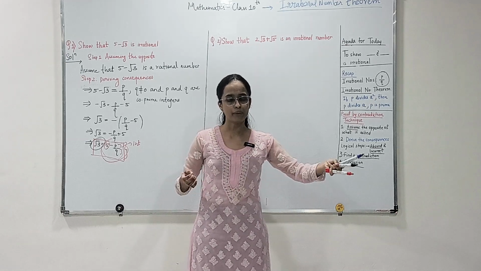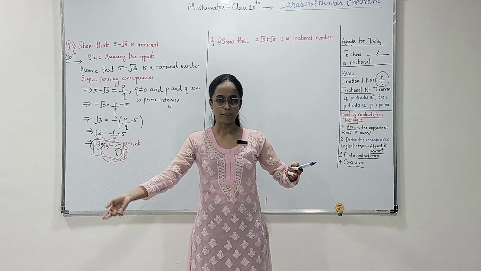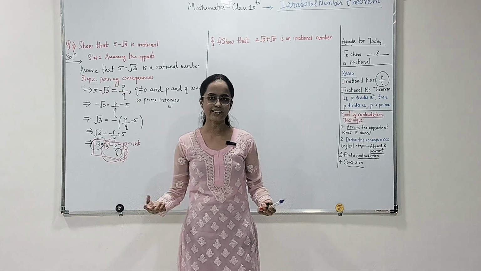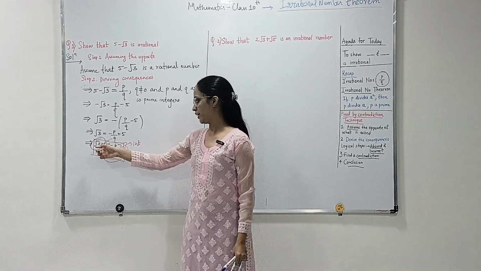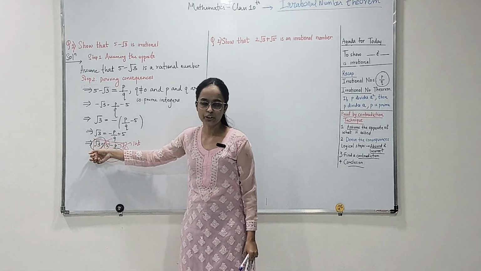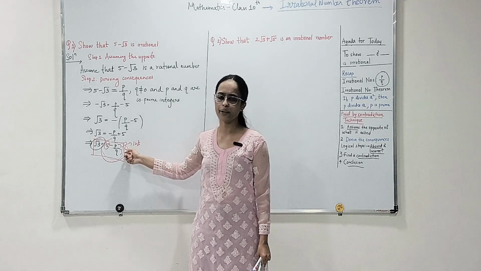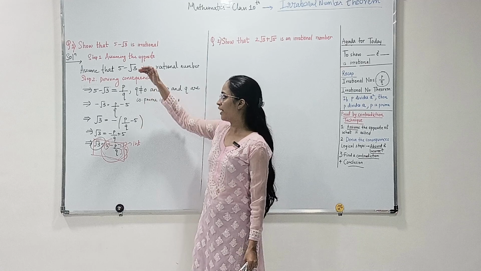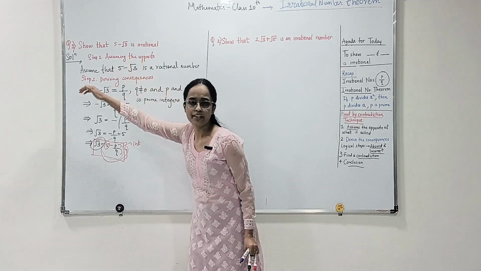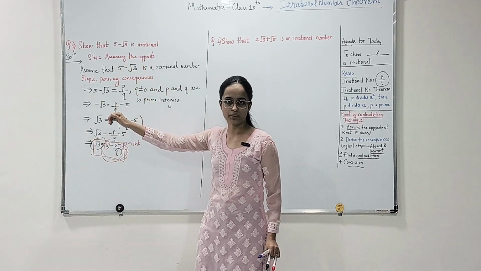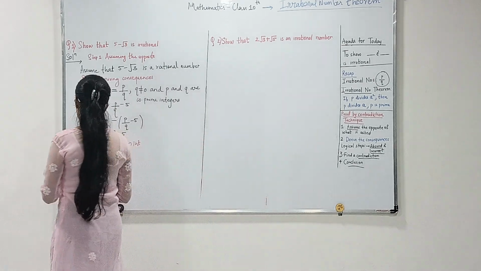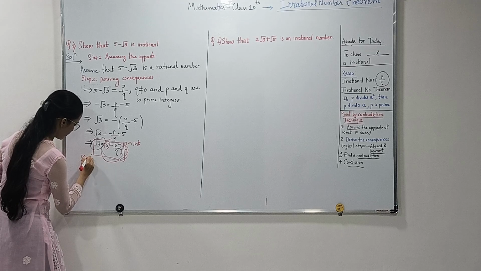I can say 4 pens is equal to 4 pens, but I cannot say 4 pens and 4 oranges are the same thing. So I cannot equate an irrational number with the rational number that I am getting on the right hand side of this equation. So when I assume something wrong, when I derive the consequences of that assumption, I reach a contradiction. What is the contradiction?